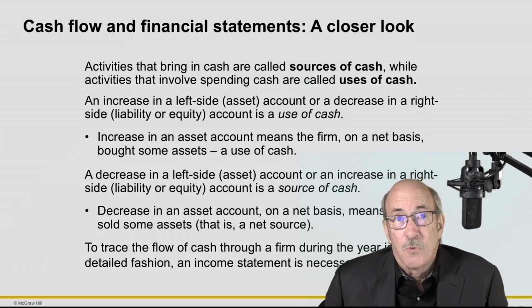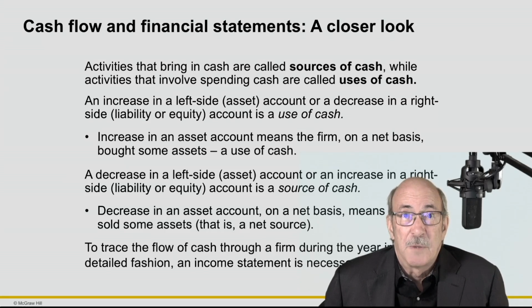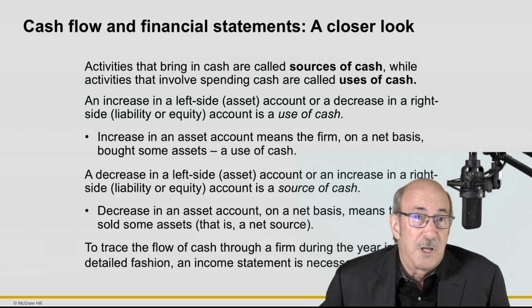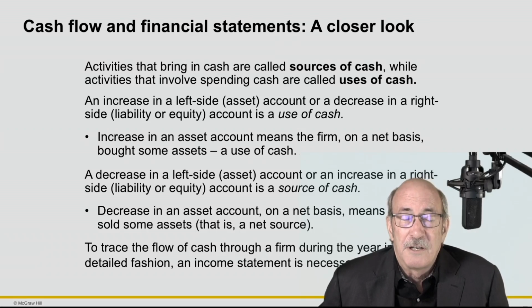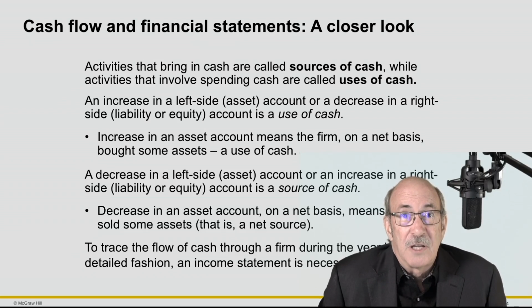Another reason we don't want accounting earnings is that they are much more susceptible to manipulation by the accountant. There's nothing particularly nefarious about that, but it's possible for an accountant to make a choice about how to account for a particular transaction.